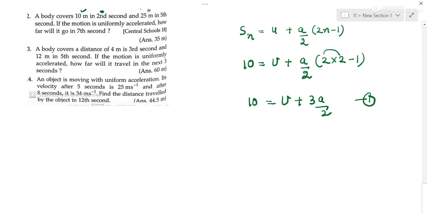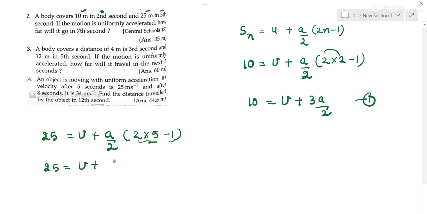Now 25 meters in fifth second. So it is U plus A by 2 into 2n minus 1, 2 into 5, 10 minus 1 is 9. So 25 equals U plus 9A by 2. These are the two equations. You can solve these, and you have to find out the distance traveled in 7th second.